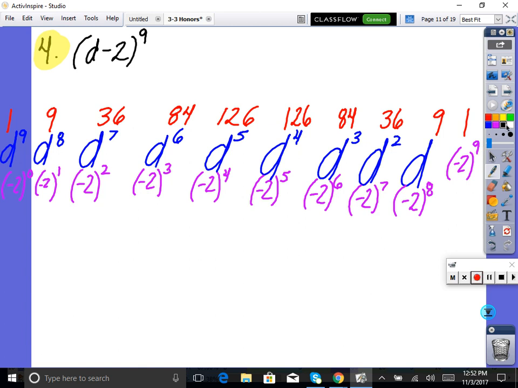All right, so in my first term right over here, I have a -2 to the 0, which is 1. 1 times D to the 9th, won't that be D to the 9th? So this just simplifies. Now careful, this is -2 to the first times 9. Won't that be -18? So -18 D to the 8th, and I'm going to cross it out. Now, -2 squared is going to be +4. +4 times 36.